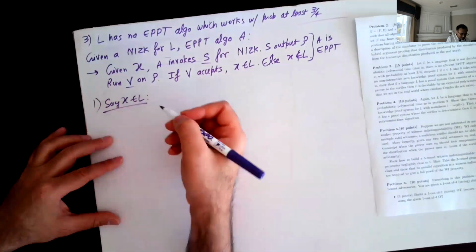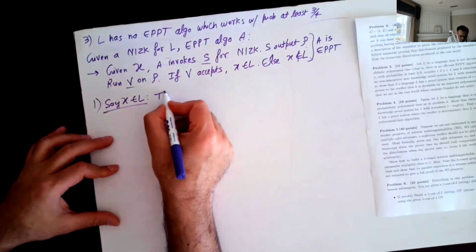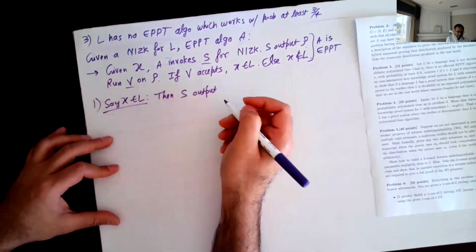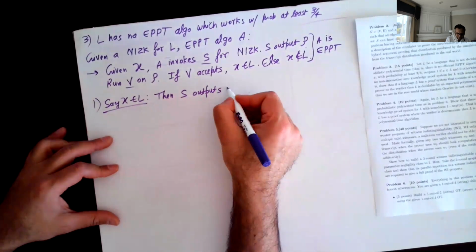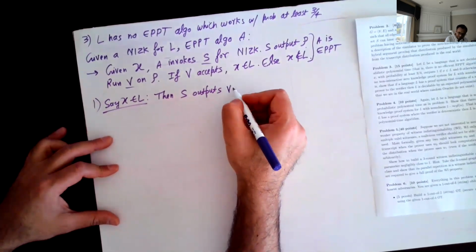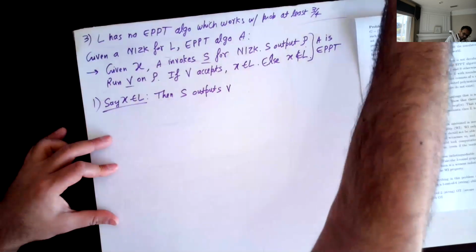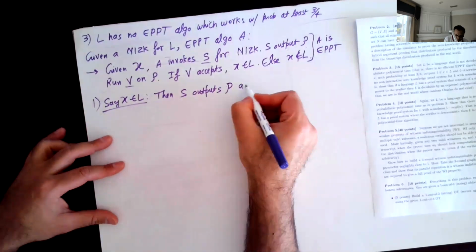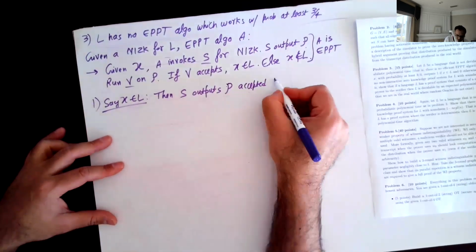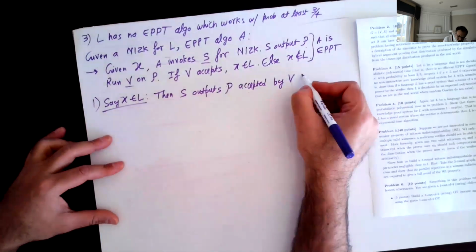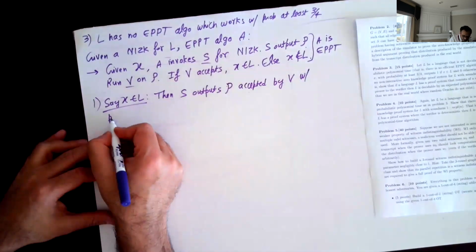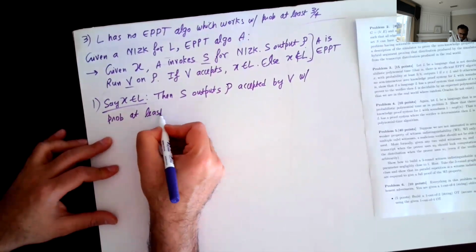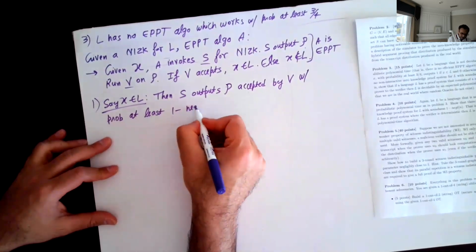If X is in L, then the simulator S outputs some proof pi, which is accepted by the verifier V with probability at least 1 minus negligible.